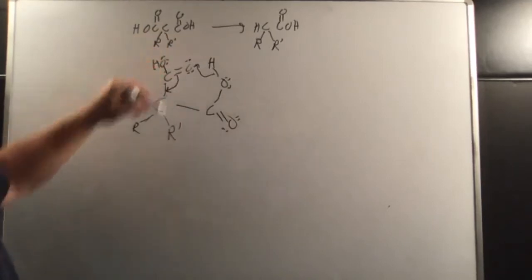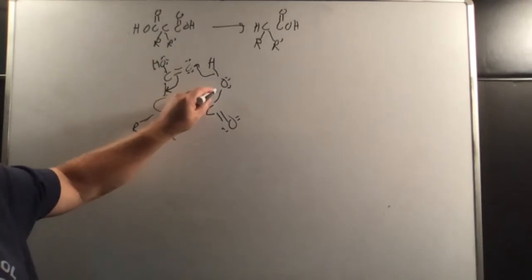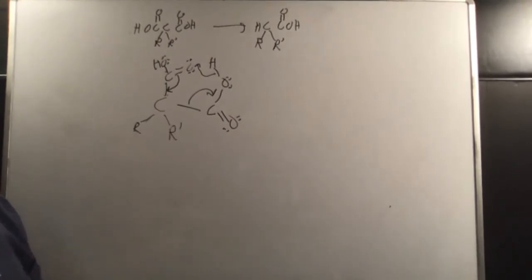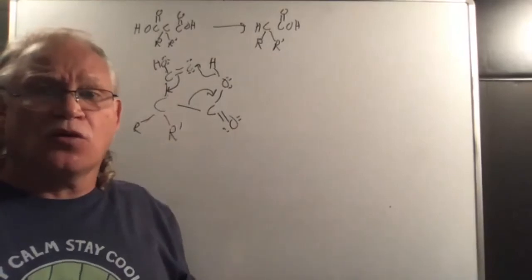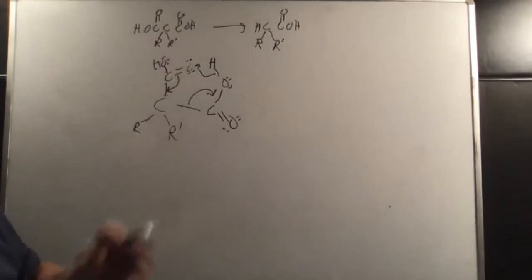This pair of electrons is going to move to there. And this pair of electrons is going to move to there. Haven't we seen this type of mechanism before, this movement of electrons? Wasn't this what we saw in the Diels-Alder reaction? Even though this isn't a Diels-Alder reaction, notice the flow of electrons is the same.